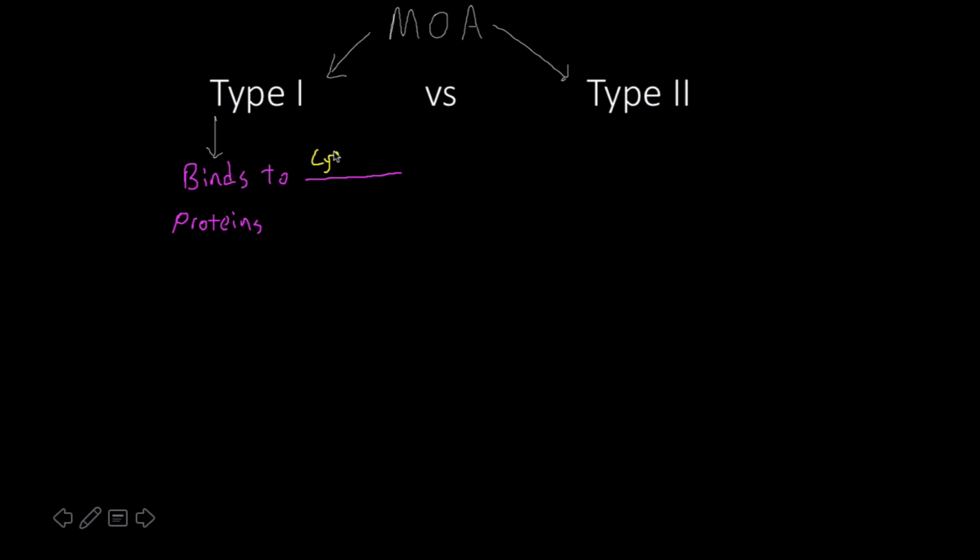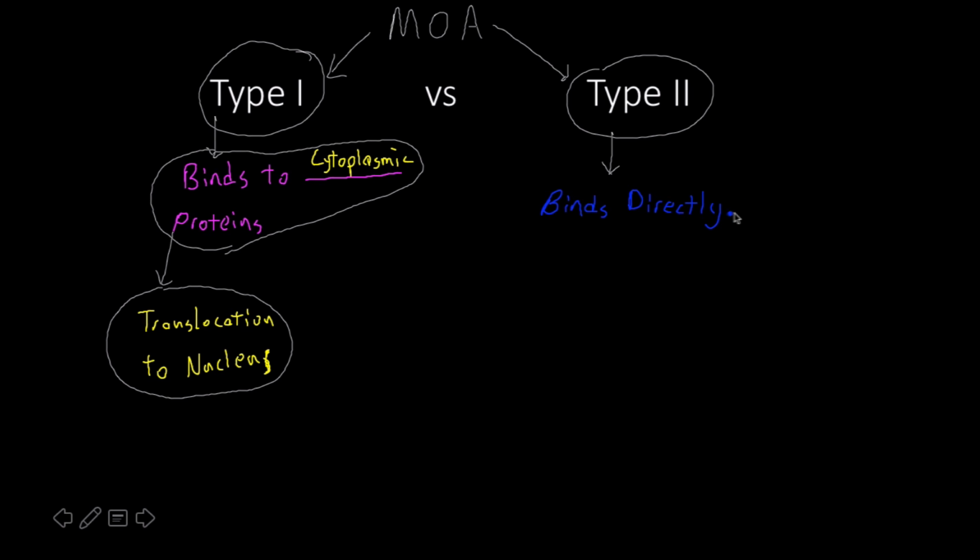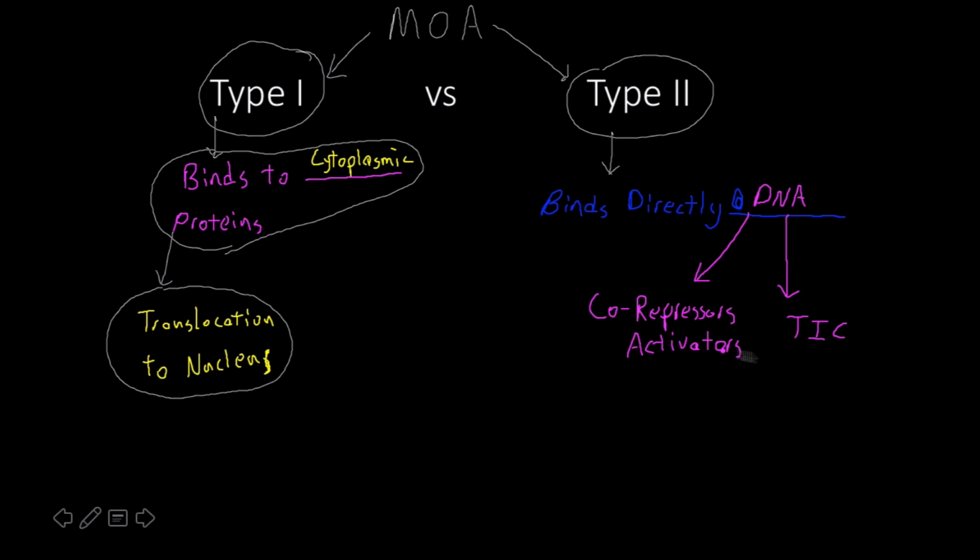So type 1 binds to cytoplasmic proteins and then we'll have transport. Type 2 binds directly to the DNA or to the DNA proteins. It's a hormone response element. So either to co-repressors, or I could have also said activators, or to the transcription initiation complex.